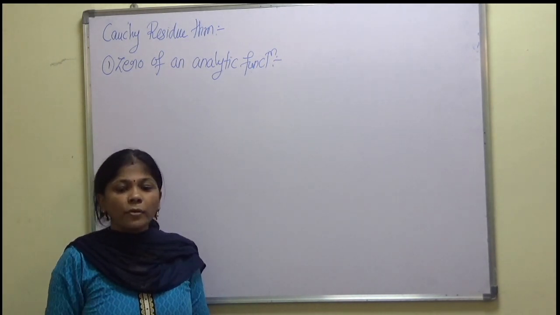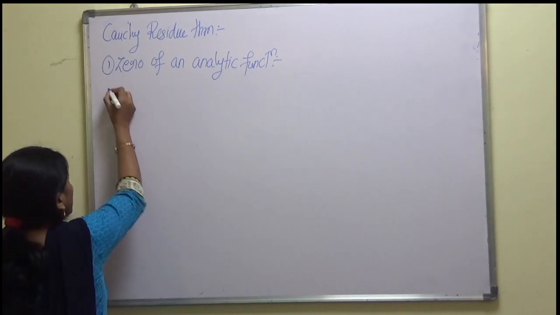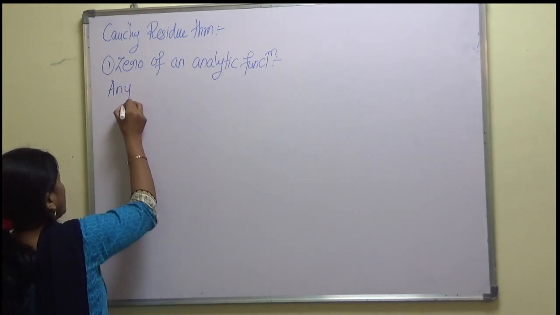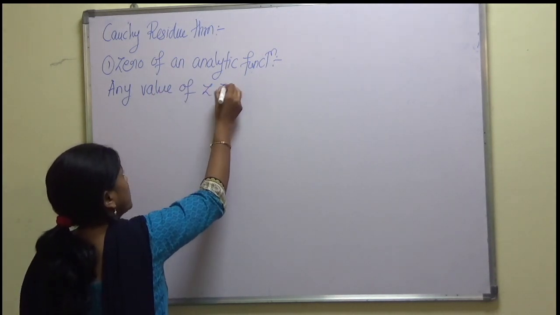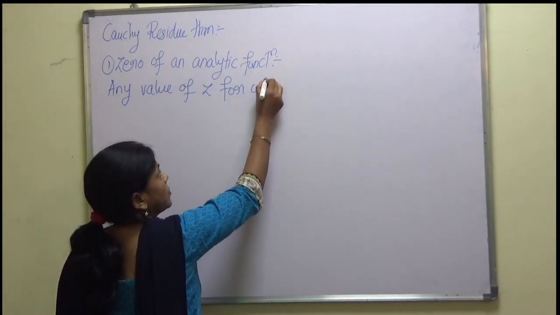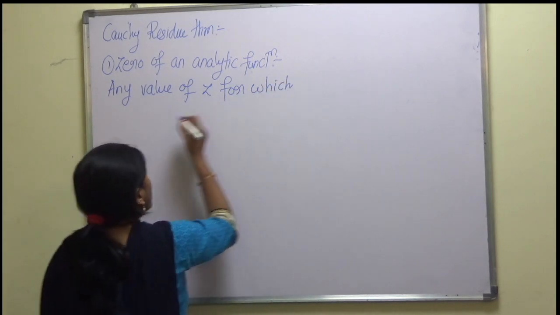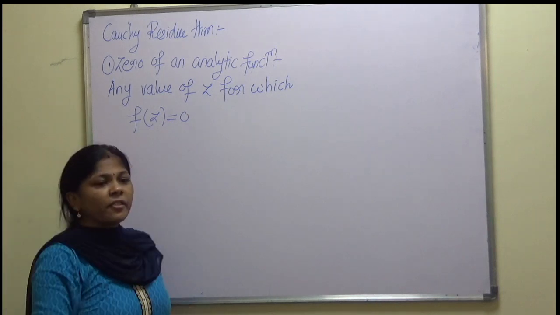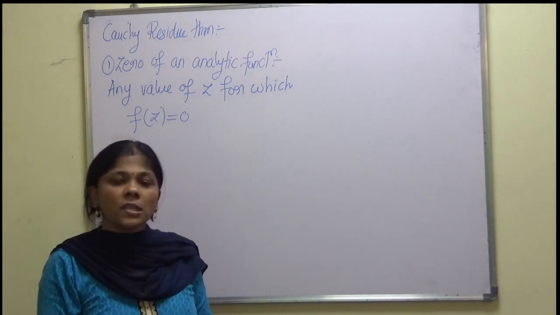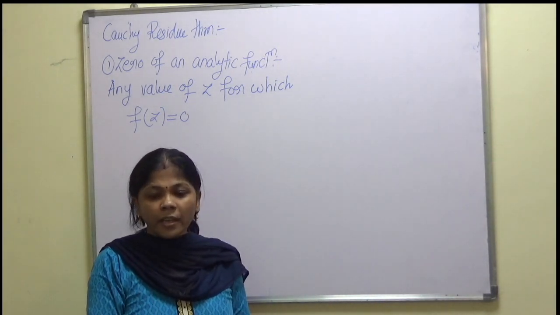Any value of z for which f of z is 0. Any value of z which will make f of z 0 is called zero of an analytic function.